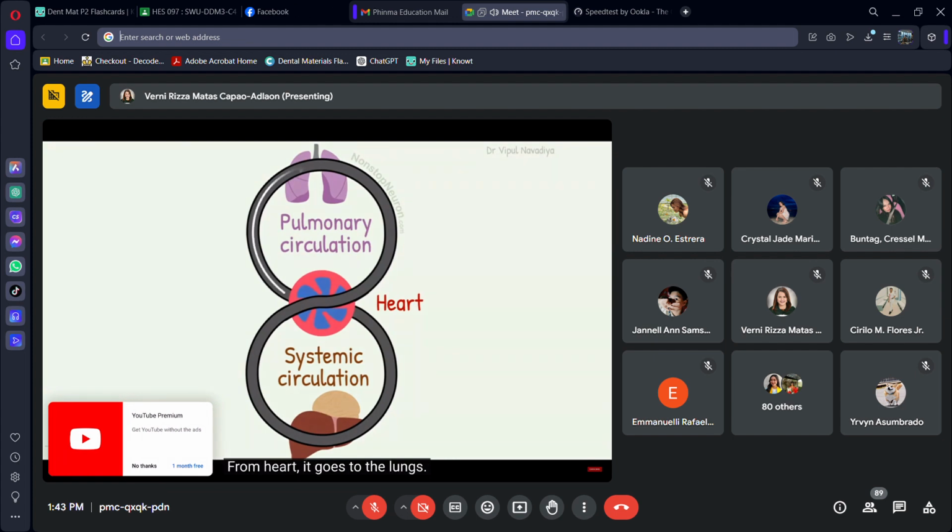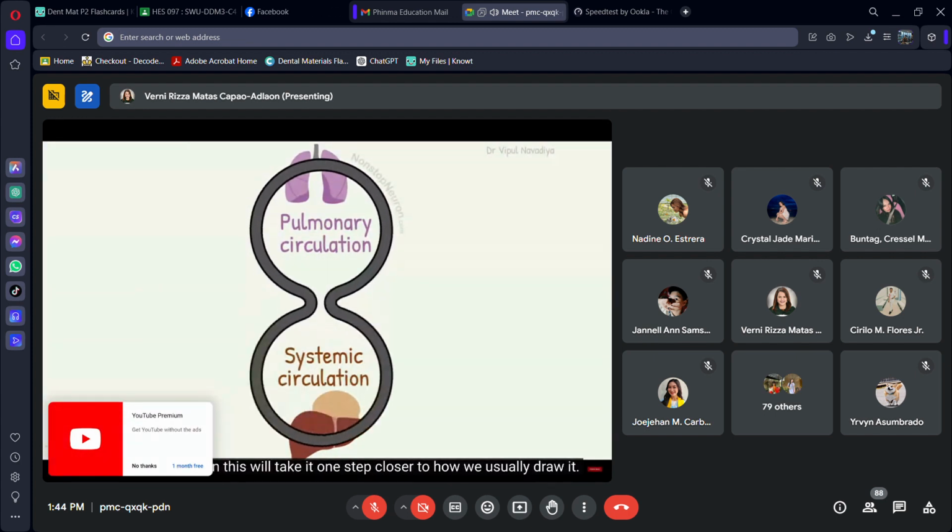From the heart, it goes to the lungs. Then it goes back to the heart and gets pumped into the systemic circulation. Again, it comes back to the heart and the loop is repeated. Thus, during each loop, the blood passes 2 times through the heart, 1 time through the lungs, and 1 time through the systemic circuit. This is the most simplified and the easiest way to draw the circulation of blood.